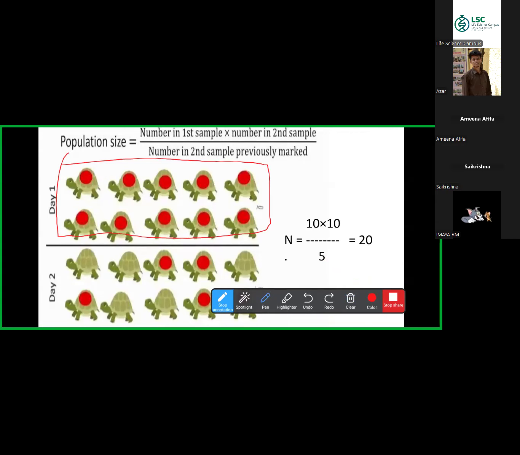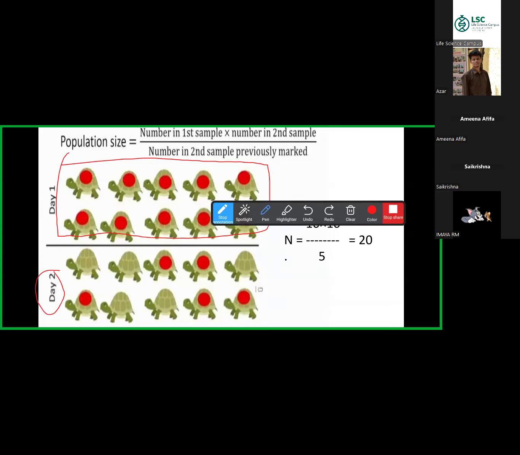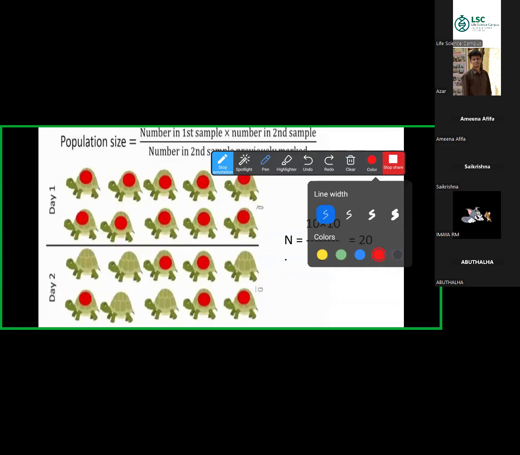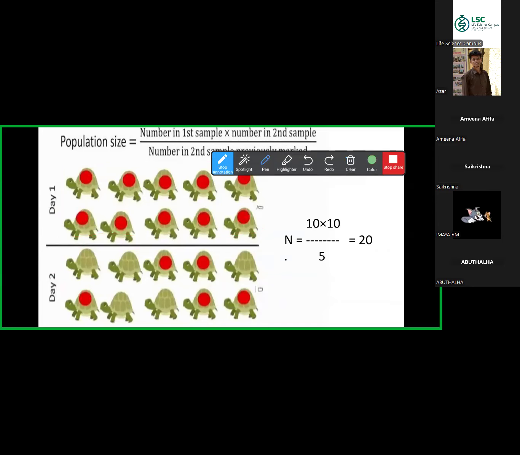Then we will go for the second capture, that is in day 2. In day 2 also, we have got 10 individuals. Of these 10 individuals, 5 individuals are already tagged. This means that they have already been captured in the first capture.